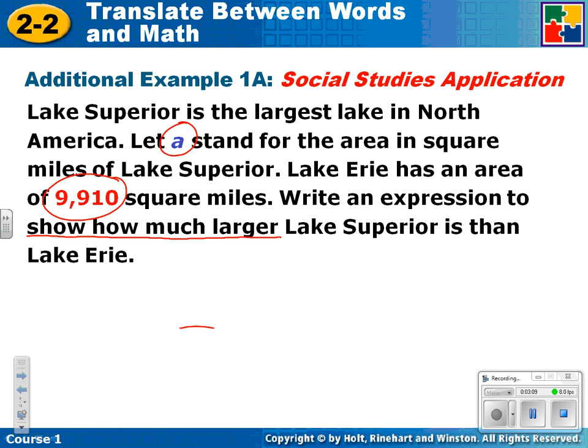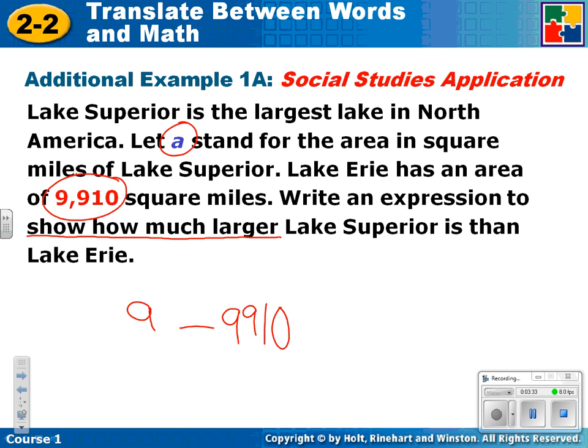How do we find out how much larger Lake Superior is? Does the A go in front of the minus symbol, or after the minus symbol? In front of. A minus 9,910, and that's it. That's all it's asking for.